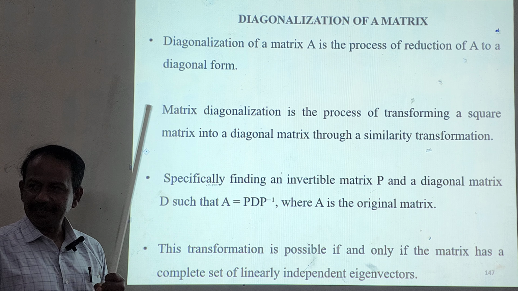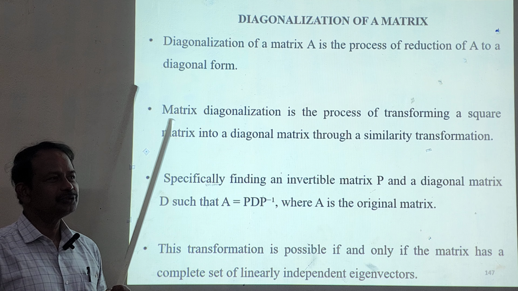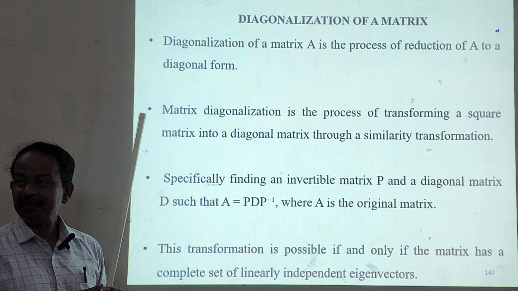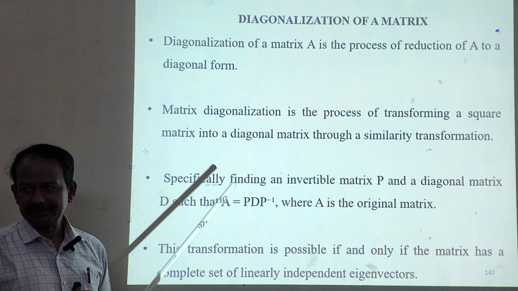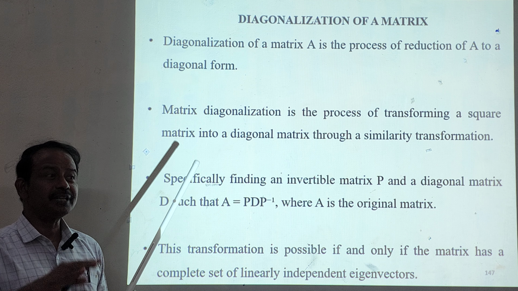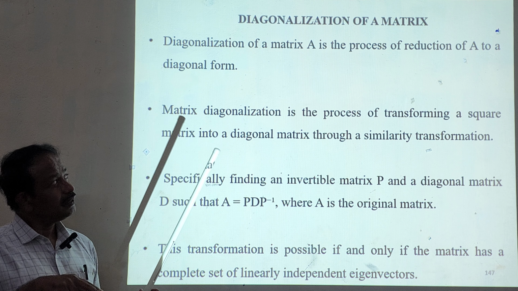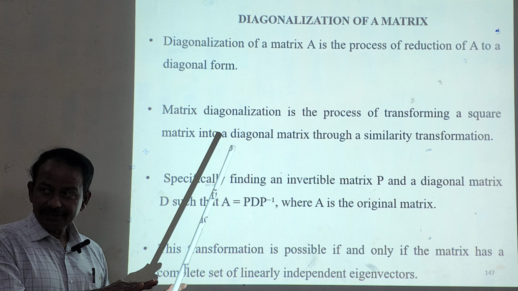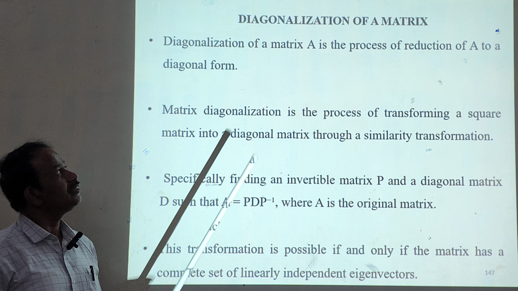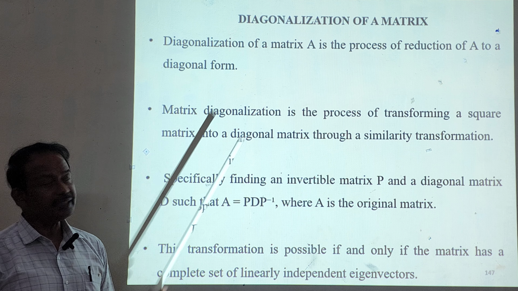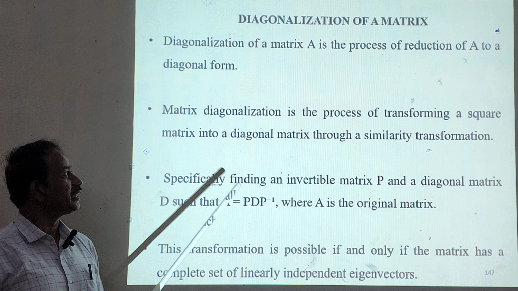Both will have the same trace, same eigenvalues, same determinant, same rank. So all those properties are invariant. Those are called similarity transformation. And we are going to reduce a matrix into a diagonal form. Diagonal elements alone will exist.